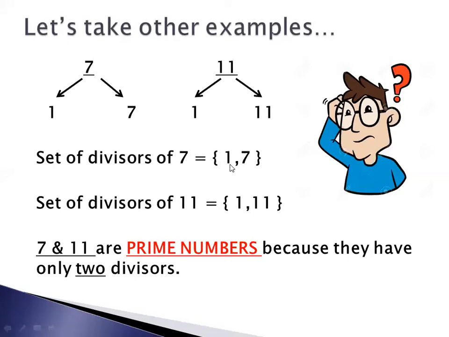How will you write it? Set of divisors of 7 is equal to curly bracket open, then divisor 1, then divisor 7, separated by a comma, and then curly bracket close. This form is called a set, the set of divisors of 7. So 7 and 11 are prime numbers because they have only two divisors.